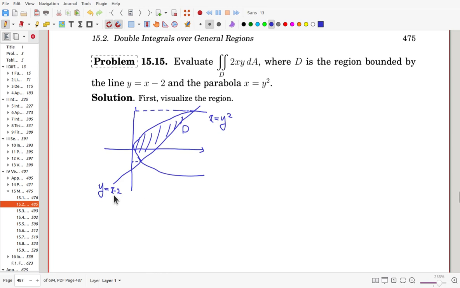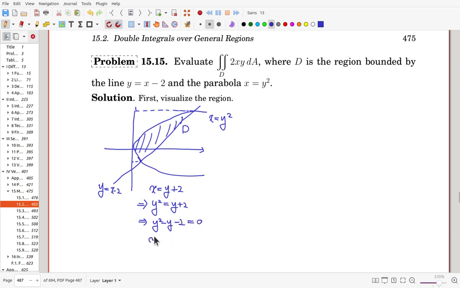From this one we have x is y plus 2. And from this one, x is y squared. So that we have y squared equals y plus 2. That means y squared minus y minus 2 equals 0.